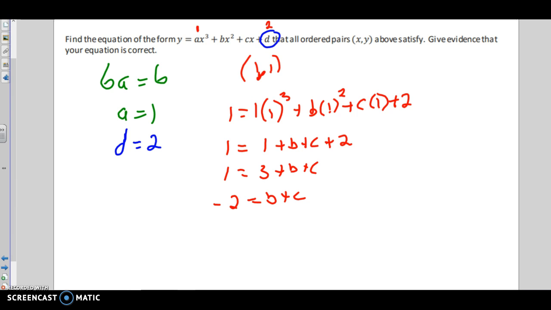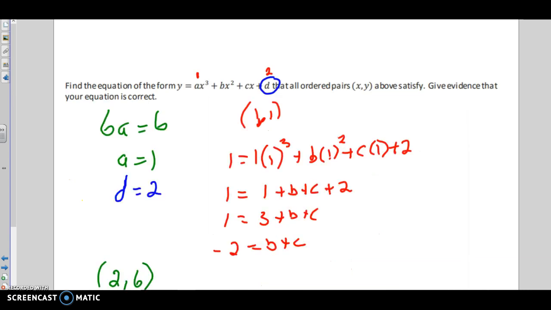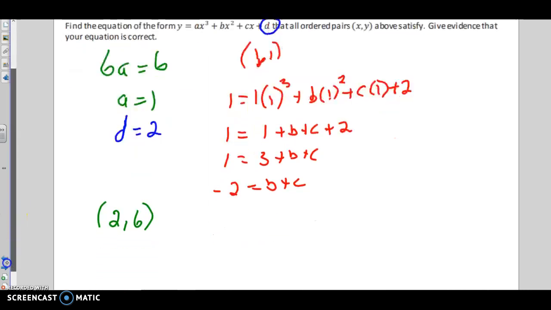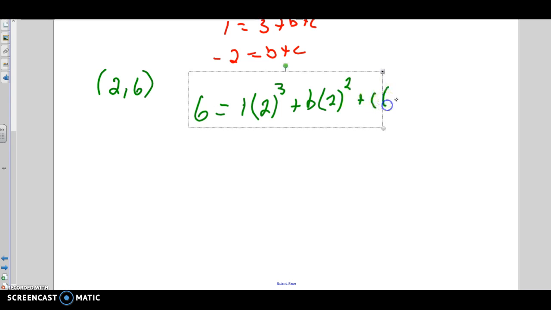Now I'm going to use the ordered pair 2, 6, and again I am literally getting it right out of this table in example 4. I'm going to repeat the process to come up with the second equation. So 6 this time for y equals 1 times 2 cubed plus b times 2 squared plus c times 2 plus d, which is 2.